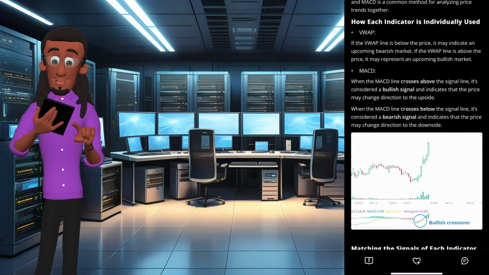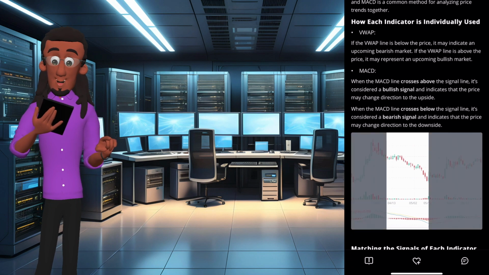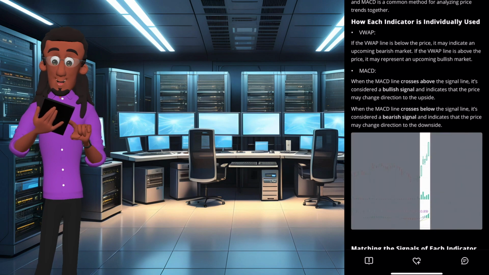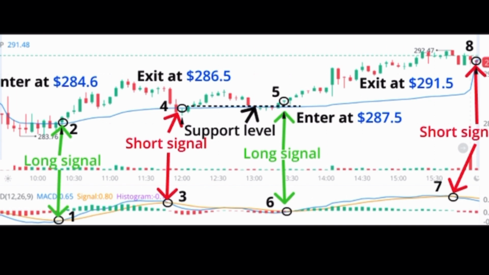Moving averages. Now, this is how the indicators work individually. So let's say we're going to use this combination of VWAP and the MACD to determine when to make a good entry and when to make a good exit. This is how you're going to know. The VWAP.